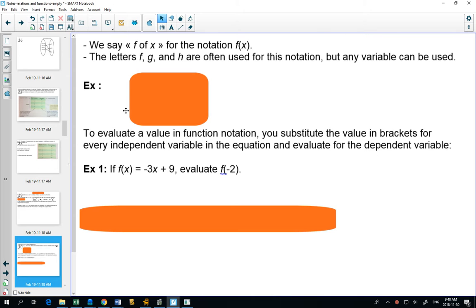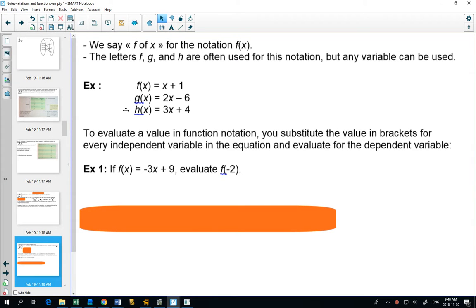Okay, so how do we say it? We say f of x. Most often function notation uses the letter f to start with, probably because function starts with the letter f. And then if you used up one letter and you want to use a different one, then after f comes g and then h and so on.